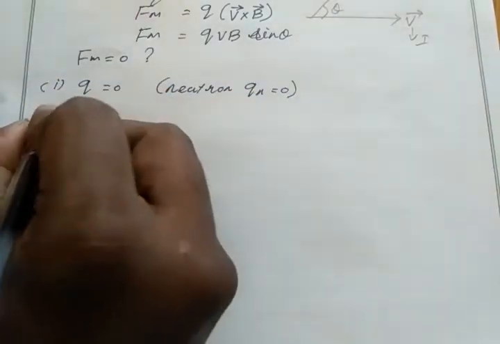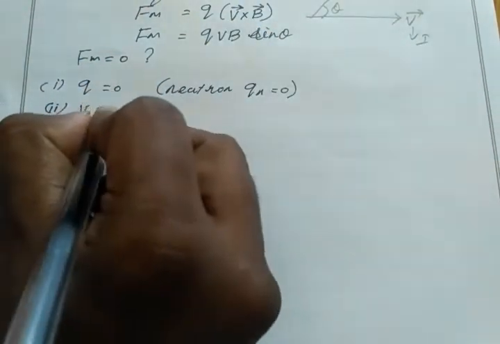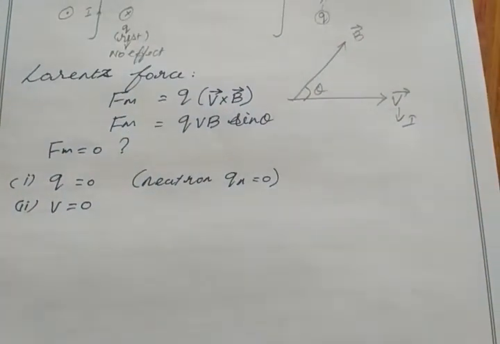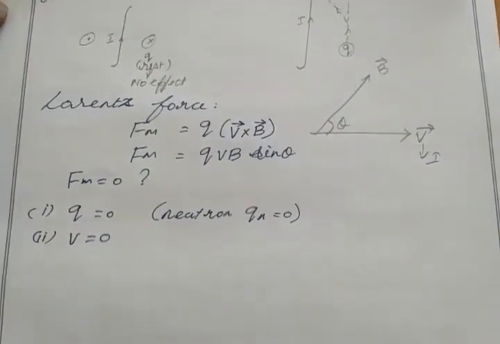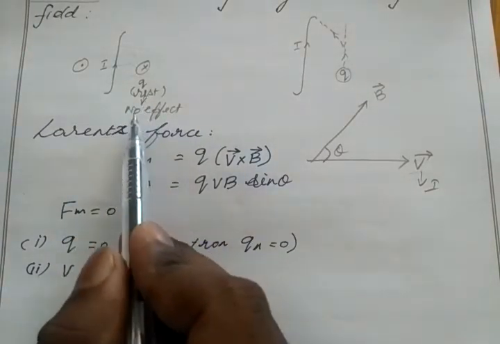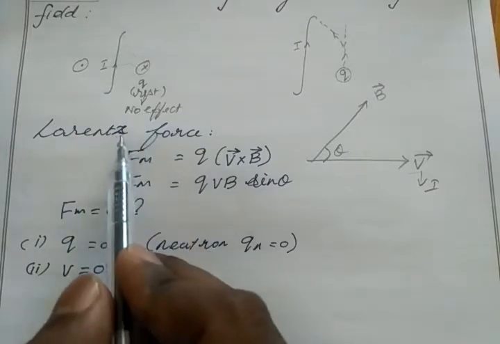And the next one is velocity equal to 0. As I said already, if a charge is at rest position, it won't experience any effect. That means magnetic force does not act upon this charge.